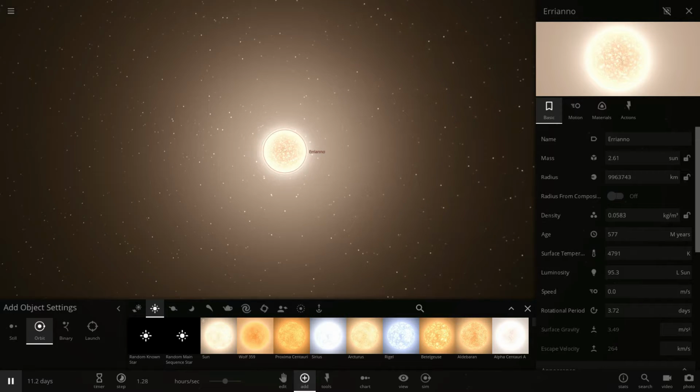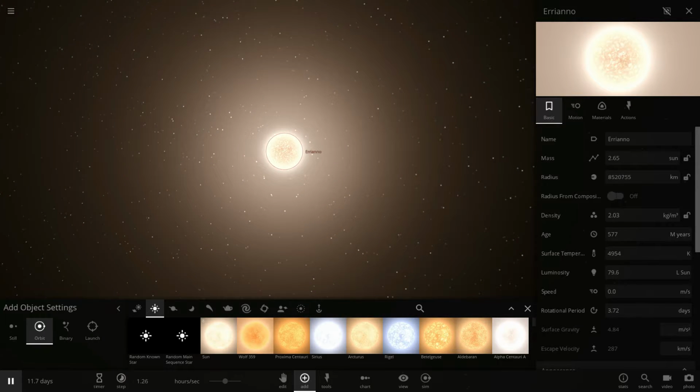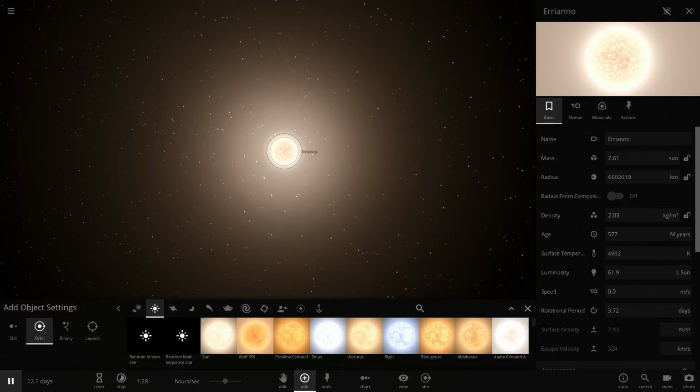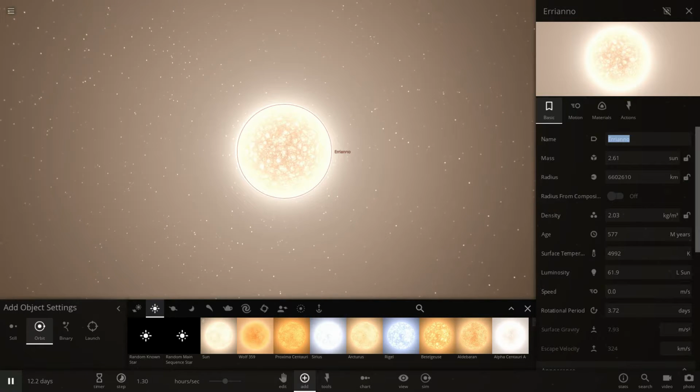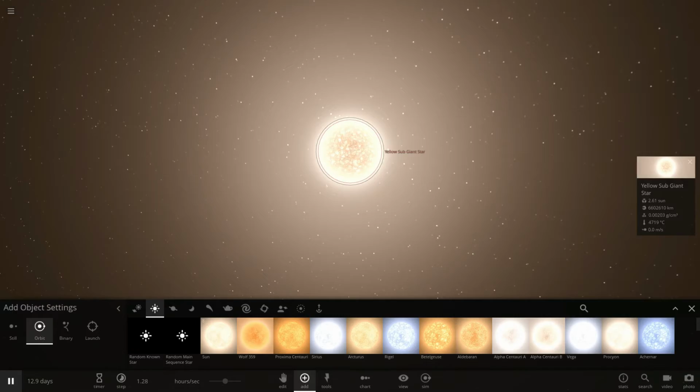Okay, thank you. 2.6. Oh, there you go. Thank you. Okay. Yellow subgiant star. So this is your yellow subgiant star.